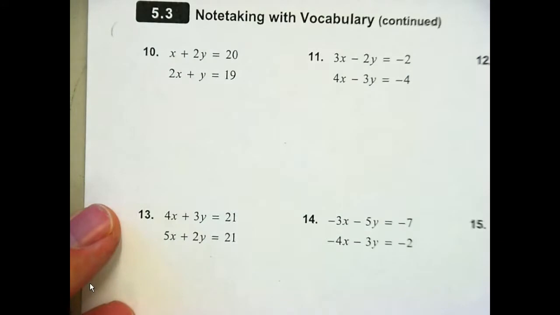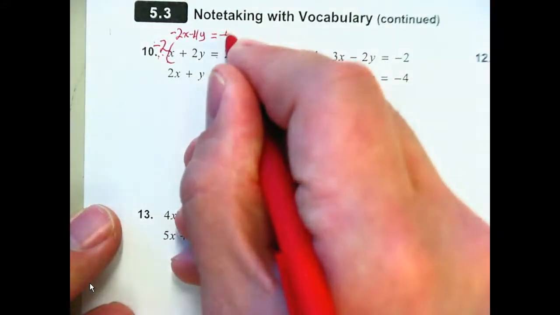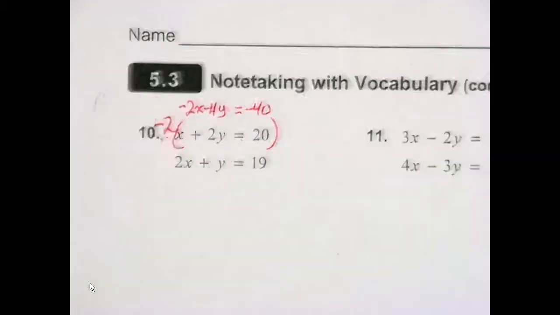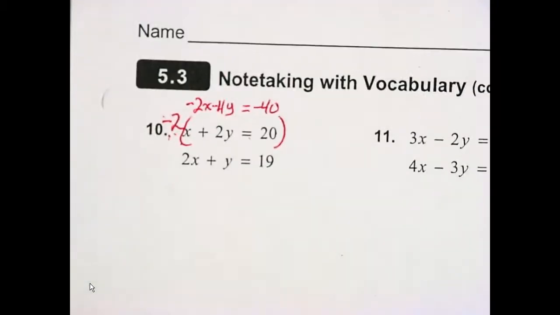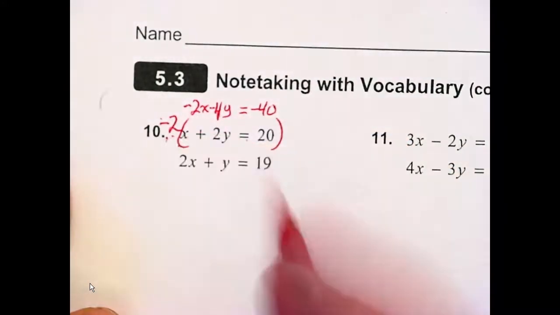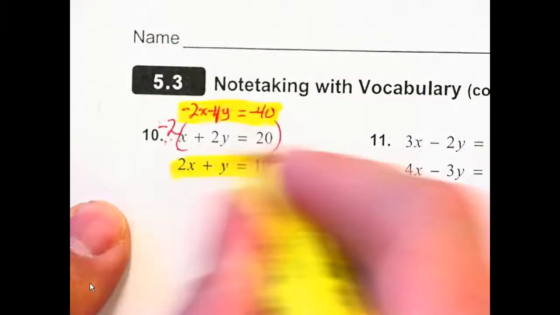Negative 2x. Negative 2 times 2y is negative 4y. And then negative 2 times 20 is? Negative 40. Okay, so now I have a situation where I have negative 2x, negative 4y, and negative 40. I have that opportunity to now add this equation to that equation.